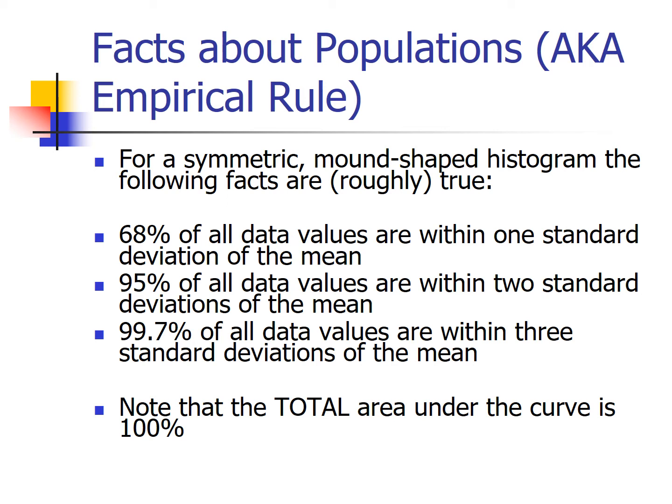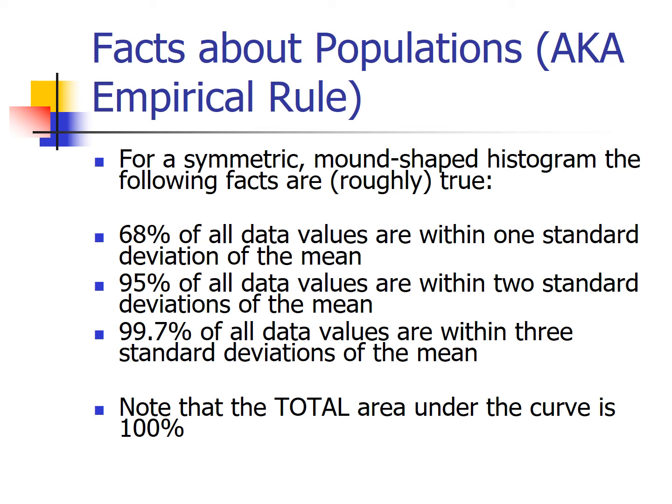68% of all data values, essentially 68% of our population, fall within one standard deviation of the mean. 95% of all data values, or 95% of a population, will fall within two standard deviations of the mean.